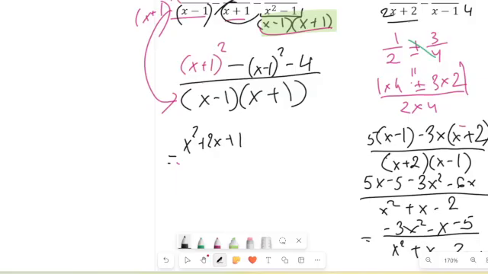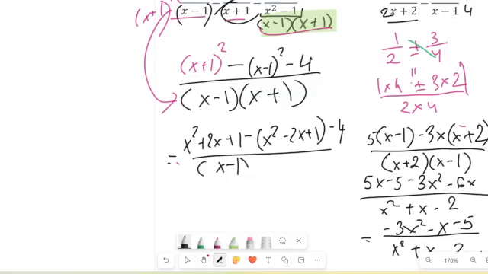Be careful with the minus, so I'm going to put the brackets, expand this, x squared minus 2x plus 1, and then minus 4 all over x minus 1, and then x plus 1 over here. Let's simplify it. So that will give me minus x squared plus 2x minus 1, as I'm changing the sign of each term inside the brackets.